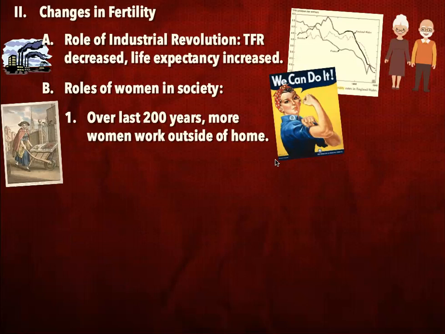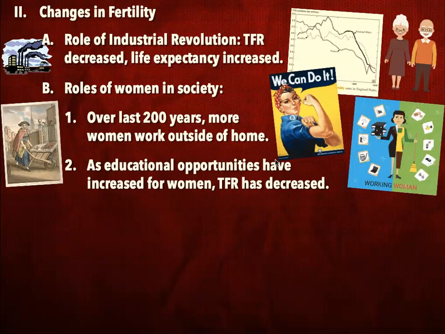It was slow at first, but through the 1800s into the 1900s, more and more women worked outside of the home. Some by choice, because they want to pursue a career of their own. Sometimes out of economic necessity, where for a family to make ends meet, both husband and wife need to work, whether there are kids in the house or not.